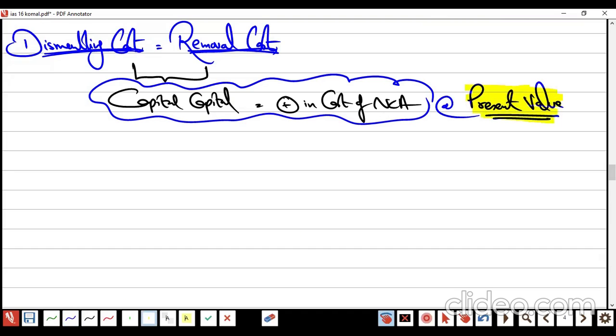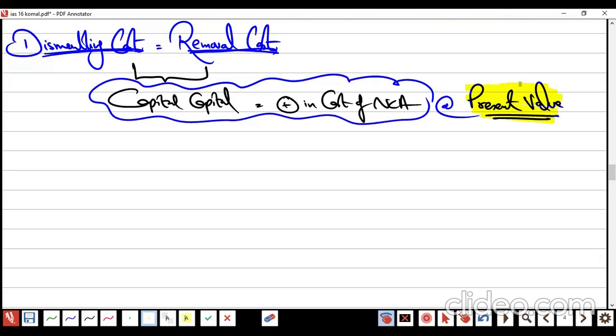You cannot take the removal cost like this and just add it. No. You have to convert it. You have to calculate the present value. Got my point? My question to you, did you ever hear or calculate in your previous studies the present value or no?